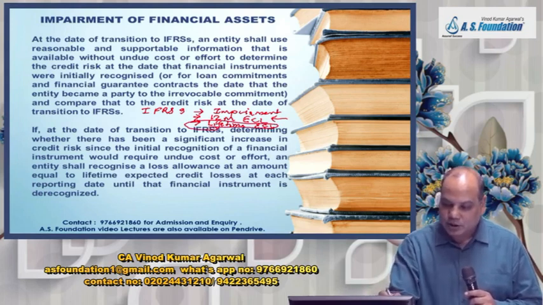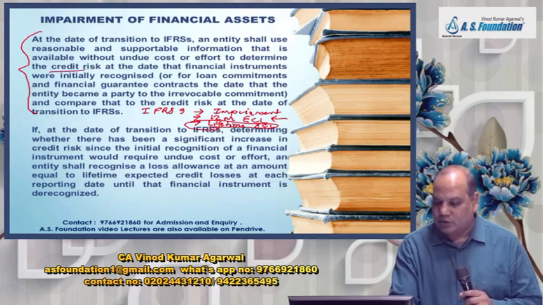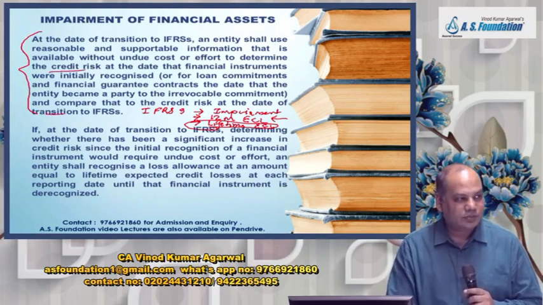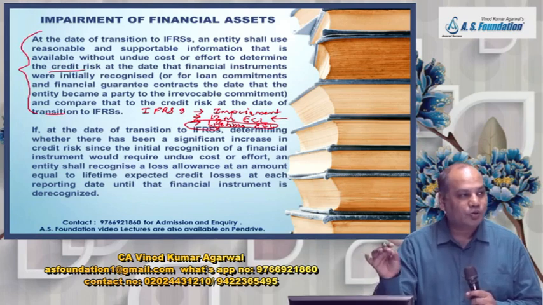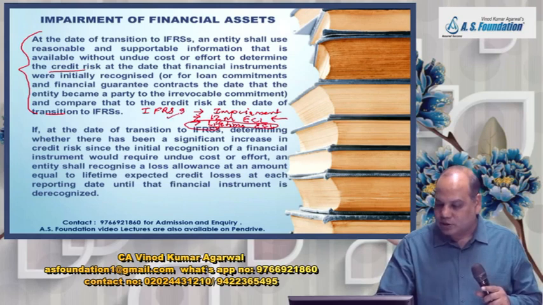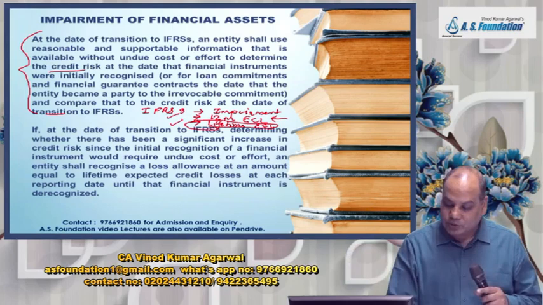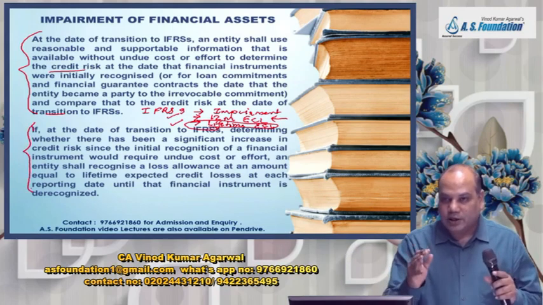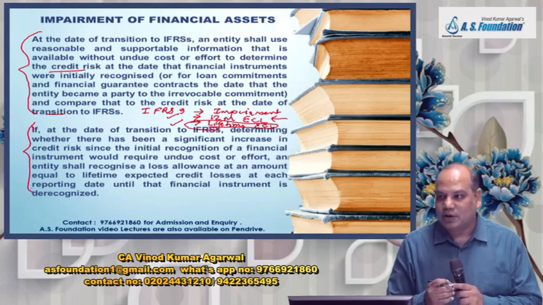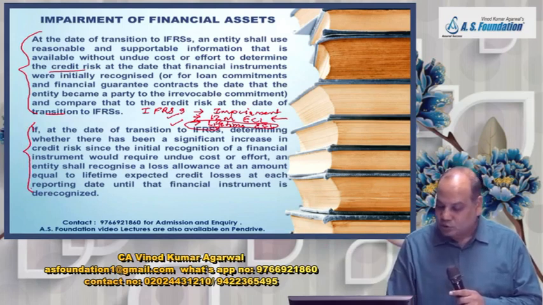What they have said in this paragraph is, is it possible for you to check the credit risk at the time of recognition and on the date of transition without incurring undue cost and effort? If the answer is yes, then you will be able to make out whether the risk has increased significantly or not. But suppose you are not able to identify this, then on the date of transition, you assume lifetime expected credit loss.